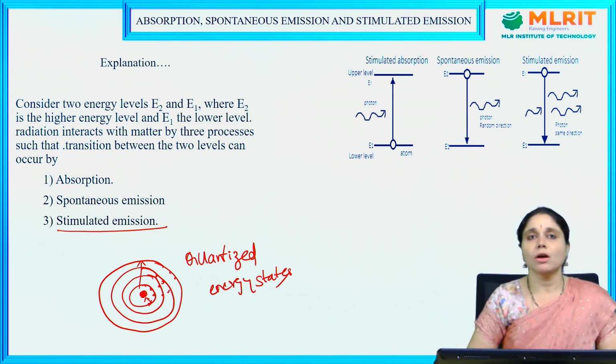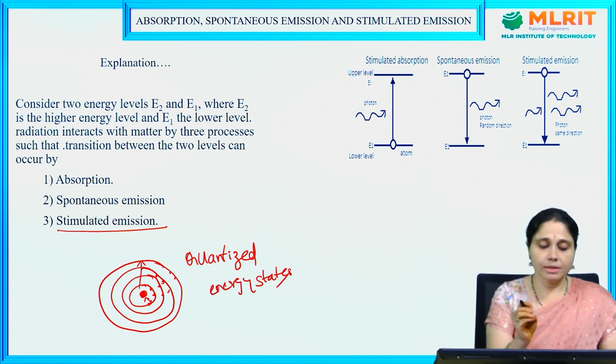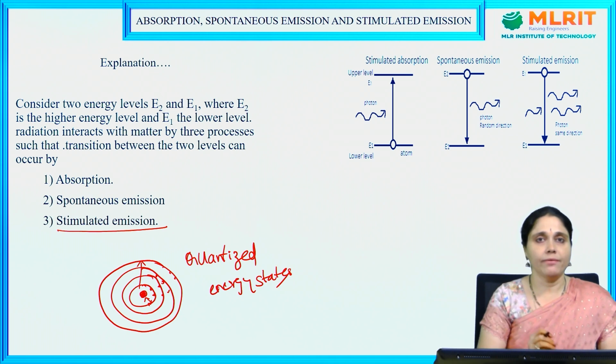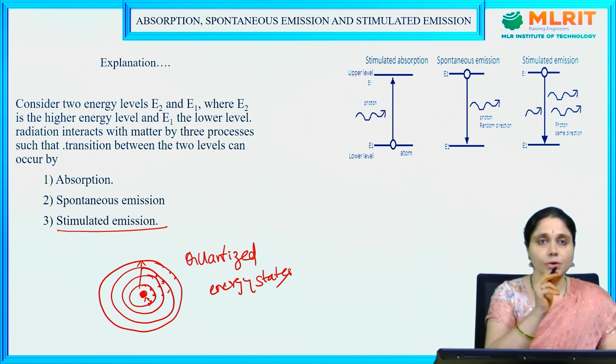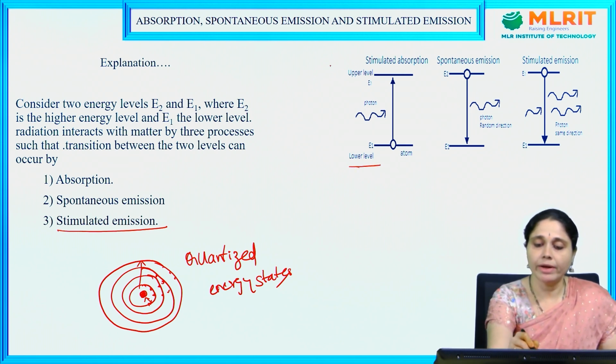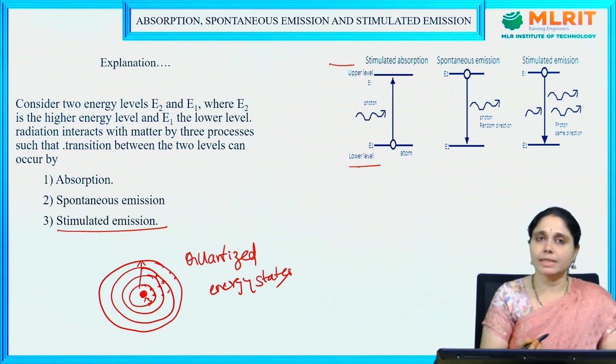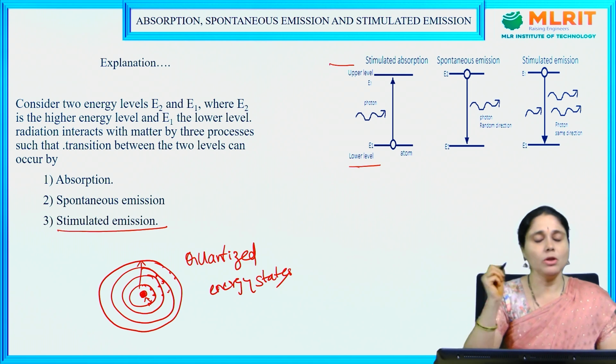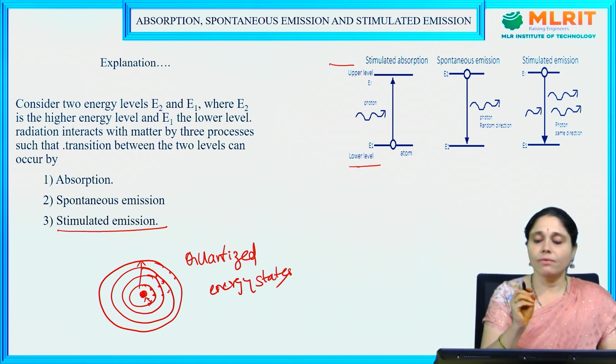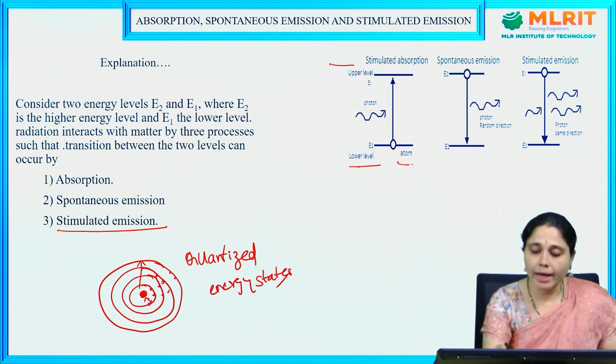These are known as quantized energy states. So we have got an idea about energy levels. Now let us consider two energy levels: the lower energy level, and the higher energy level or excited state, that is, the state closer to the nucleus and the state far away from it. Here we are talking about an atom.